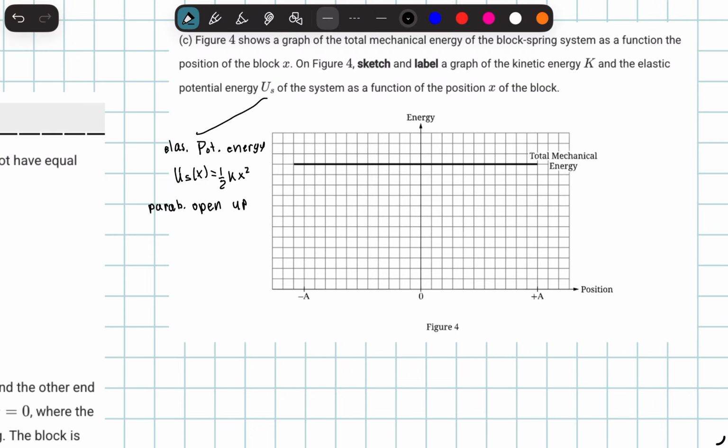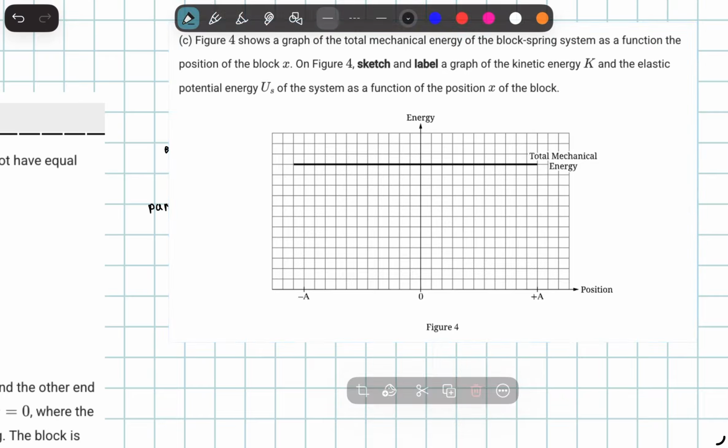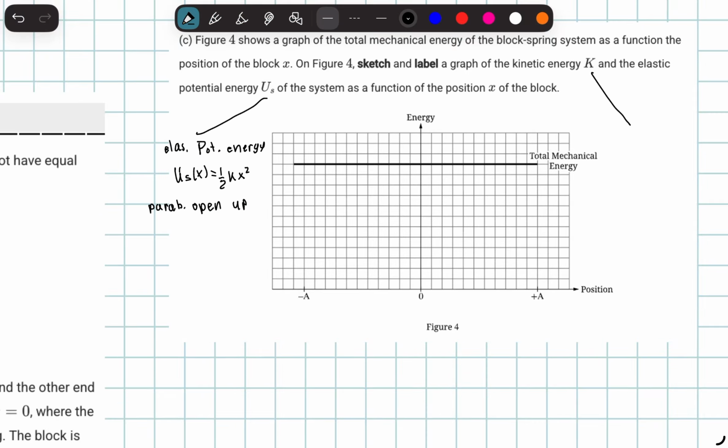Now, for kinetic energy, you can represent this as K of x is equal to E minus U_S. K of x is equal to 1/2 Ka squared minus 1/2 Kx squared. K of x is equal to 1/2 K times a squared minus x squared.